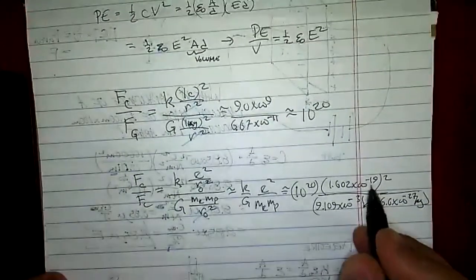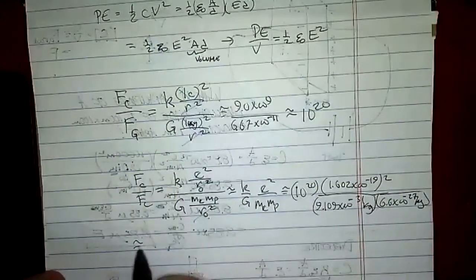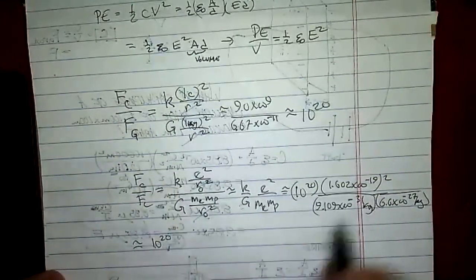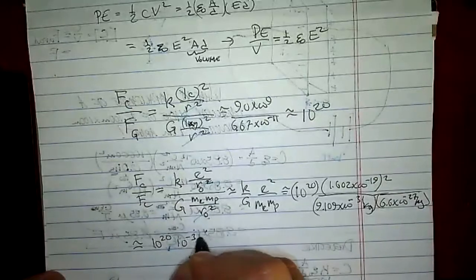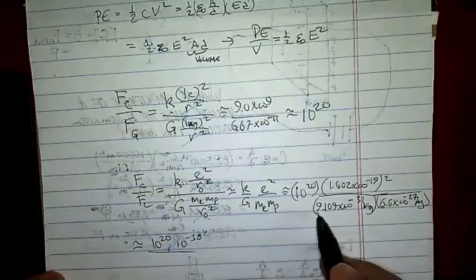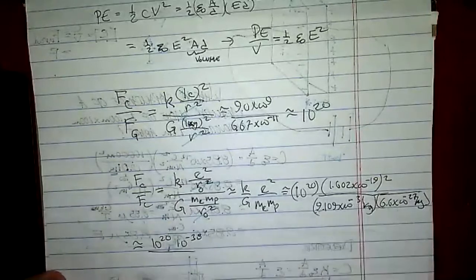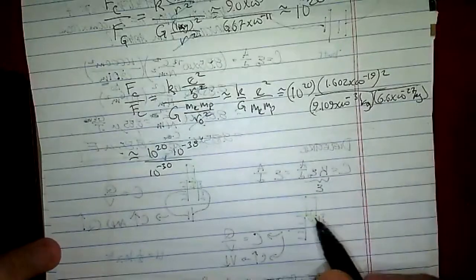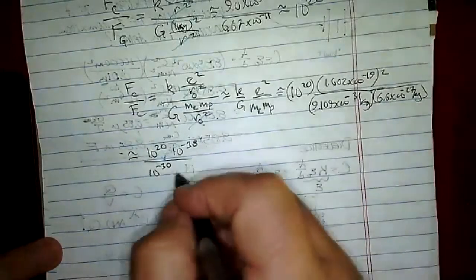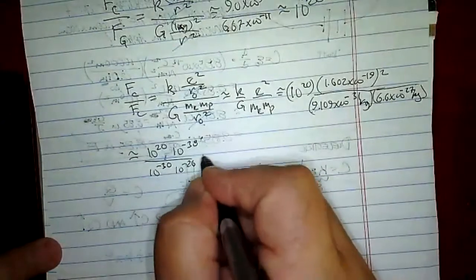So I think you can see this is going to be on the order of 10 to the 20th times 10 to the negative 38. This is essentially 10 to the negative 30, and this is essentially 10 to the negative 26.